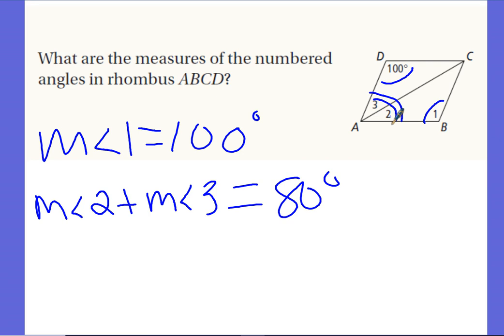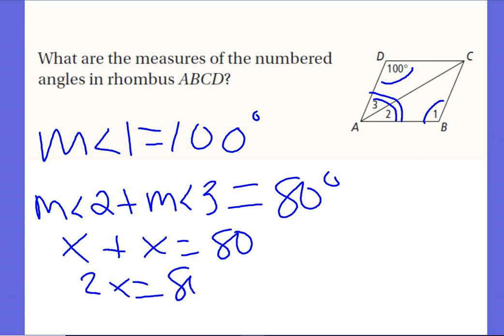So I could call both of these x, and I end up seeing that 2x equals 80, or of course, x equals 40. And so the measure of angle 2 and the measure of angle 3 are each 40 degrees.